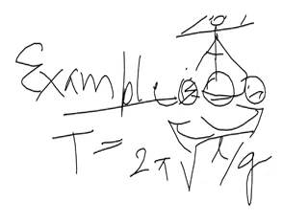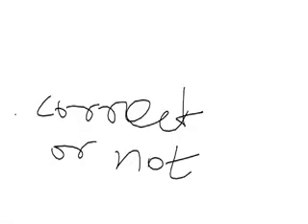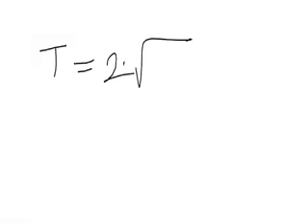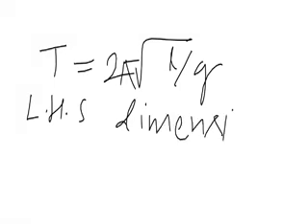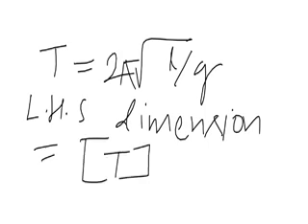How can we get to know whether this equation is dimensionally correct or not? So I'm giving you the solution regarding it. We have time period T equal to 2 pi root under L by G. The dimension of LHS is time period, and that is T, right?